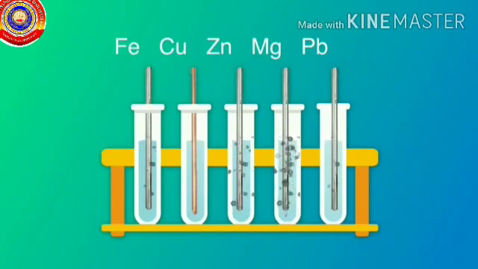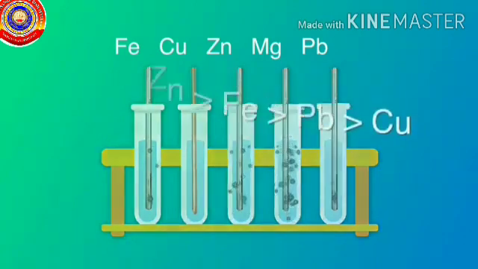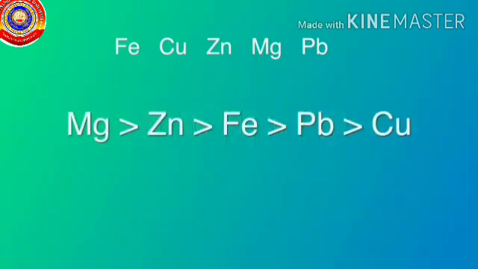Hence, the order of reactivity of metals with dilute hydrochloric acid can be written as magnesium greater than zinc greater than iron greater than lead greater than copper.